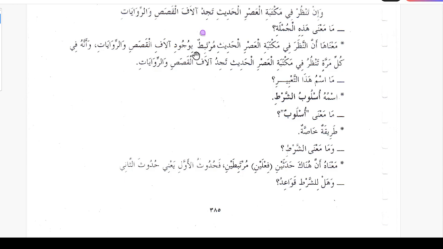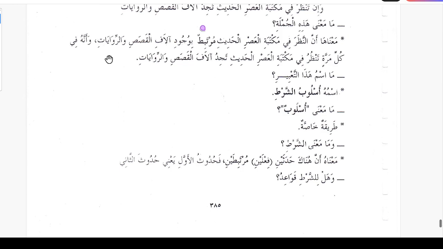This looking is connected with biwujudil alafil qasasi warriwayati, connected with the presence of thousands of stories and novels. Which further means annahu fi kulli marratin tanzuru, that every time you look in that modern time library, you will find thousands of stories and novels.